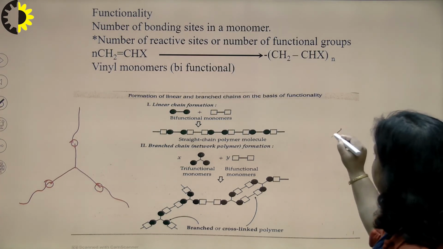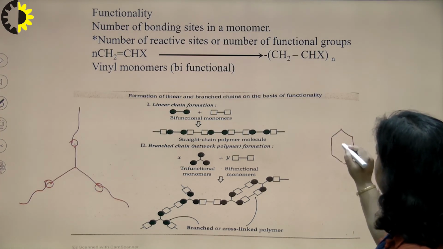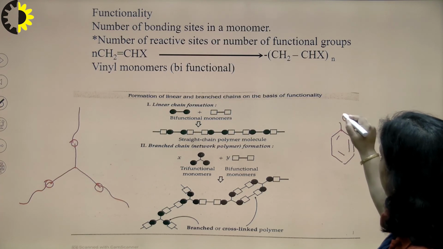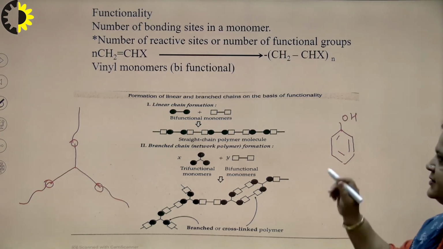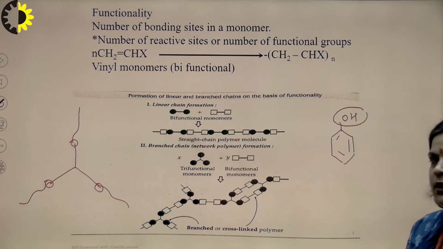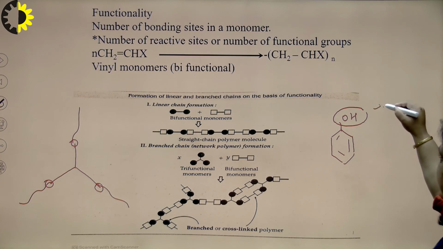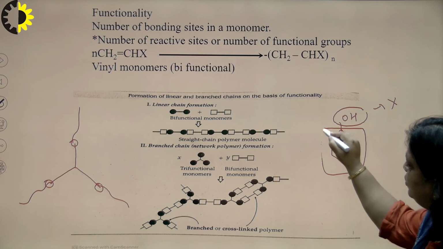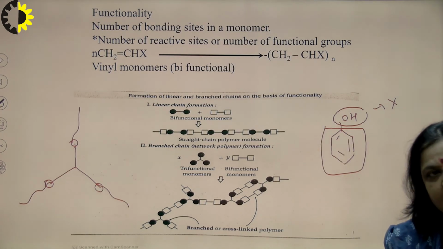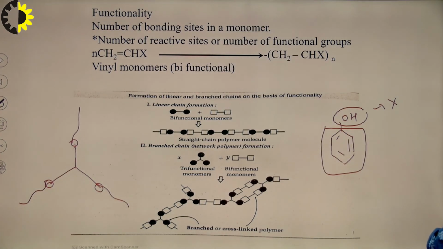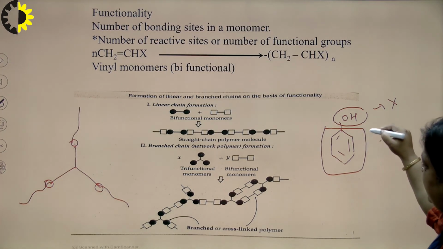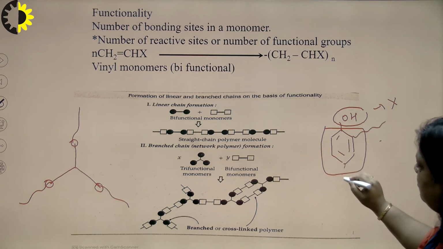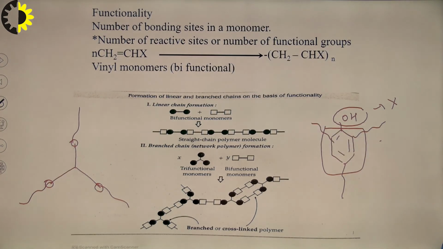For example, in the case of phenol, if we see the OH group, there is only one OH group, so it is monofunctional, meaning it will not act as a monomer. But if we see the reaction due to the benzene ring, we know that phenol is ortho-para directing, that is, the chain can form at the ortho position as well as the para position.